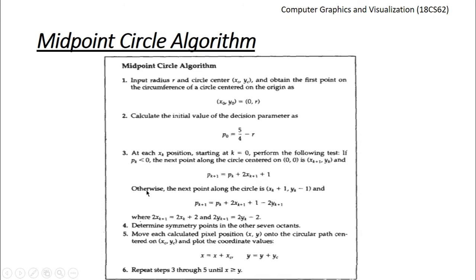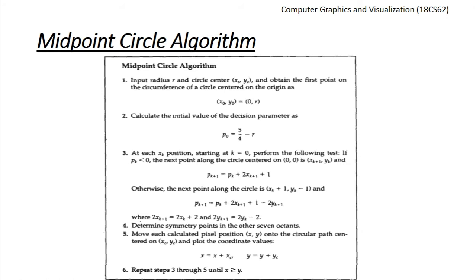Else if the value of the decision parameter pk is positive, the next point on the circle should be considered as (xk+1, yk-1), that is, increment x by 1 and decrement y by 1. Remember, we are going to increase the value of x by 1 and decrease the value of y by 1, and we will be using this equation to compute the next decision parameter. That is step number 3. Now let us proceed with the next step.